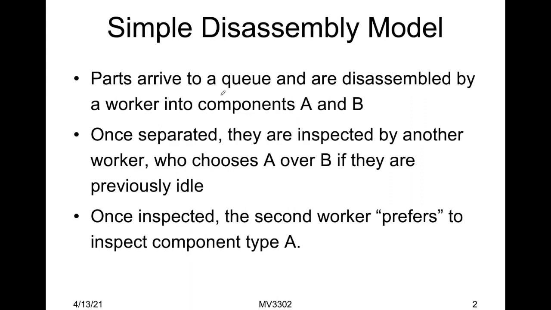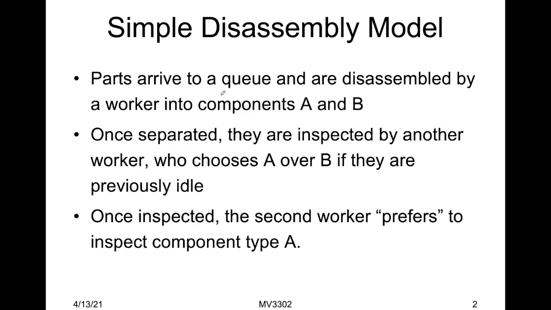And the idea is that those inspectors are actually different than the workers who are disassembling. So we have two specialized workers. The workers who disassemble only disassemble, and the workers who inspect only inspect. Now, the thing is that the same set of inspectors are now dealing with two different parts.